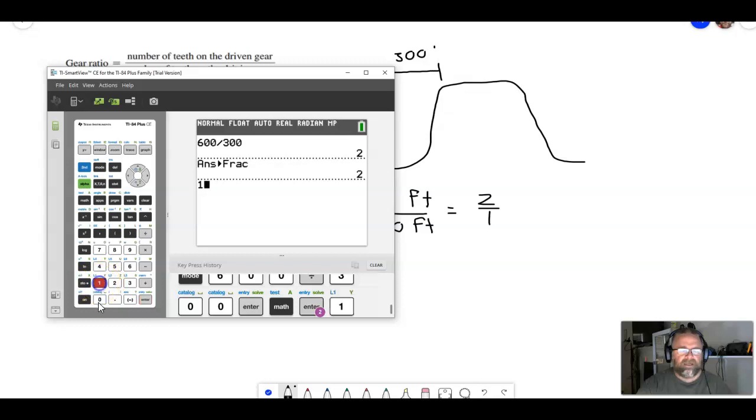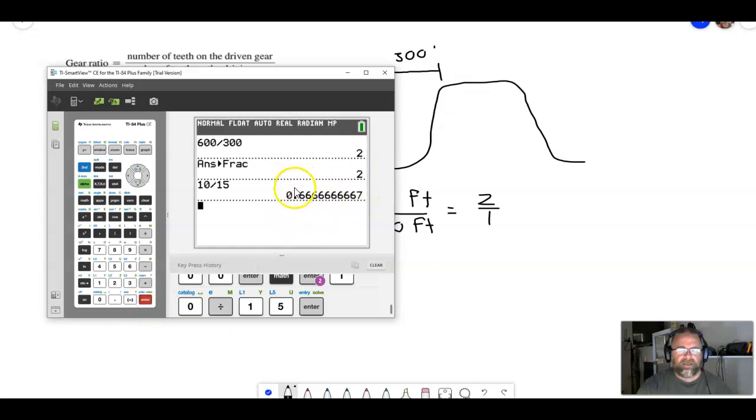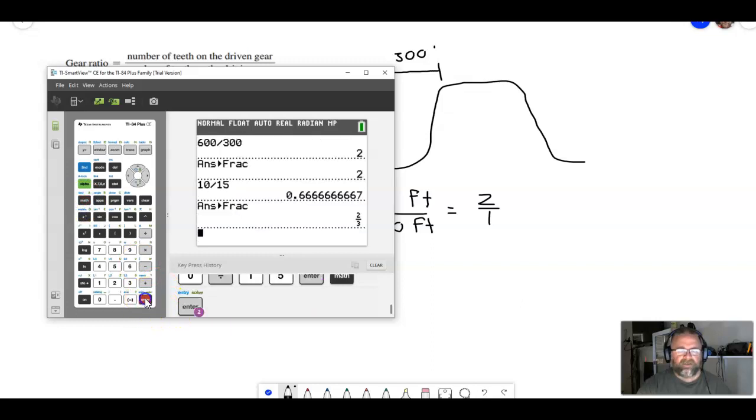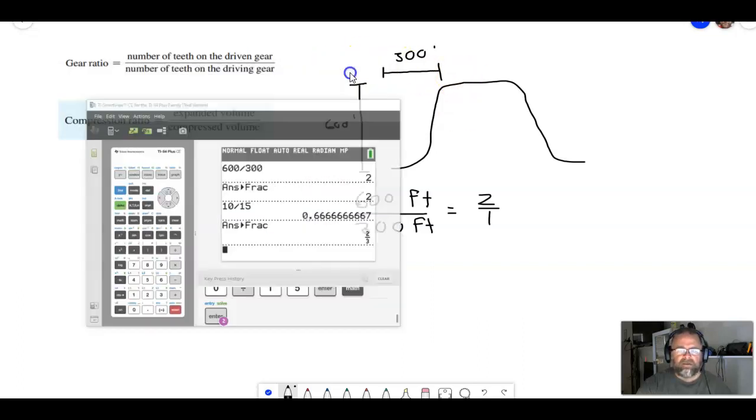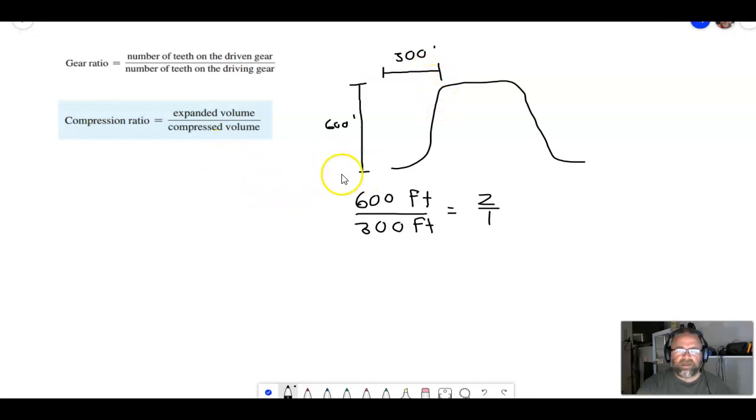Let's say I have 10 divided by 15, and I want to reduce that. First, it's going to give me a decimal, and then if I hit math, fraction, it will reduce that to 2/3 for me. As long as there's not a 1 in the denominator, it'll show up there. This is an easy way for us to simplify a fraction without having to do a prime factorization.